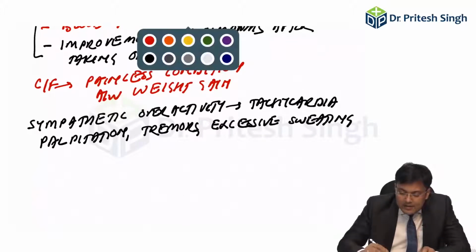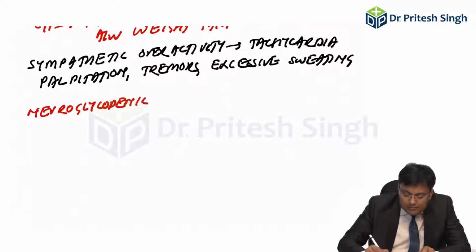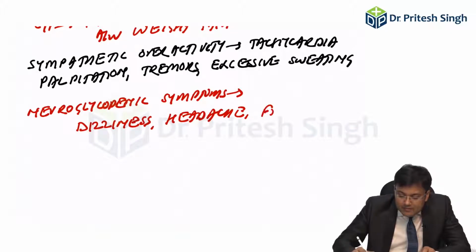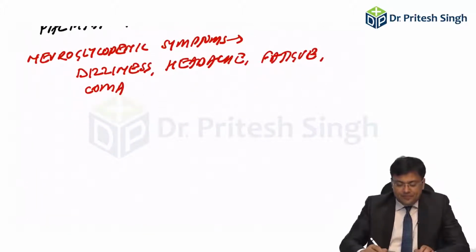After that, there are neuroglycopenic symptoms. Dizziness, headache, fatigue. In severe cases, it can lead to hypoglycemic coma also. So these are the manifestations.